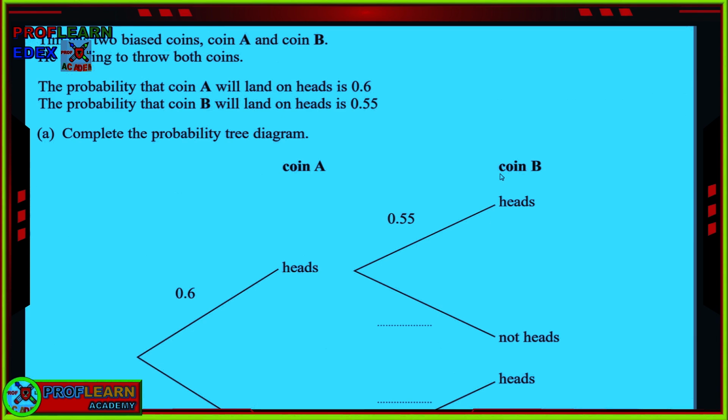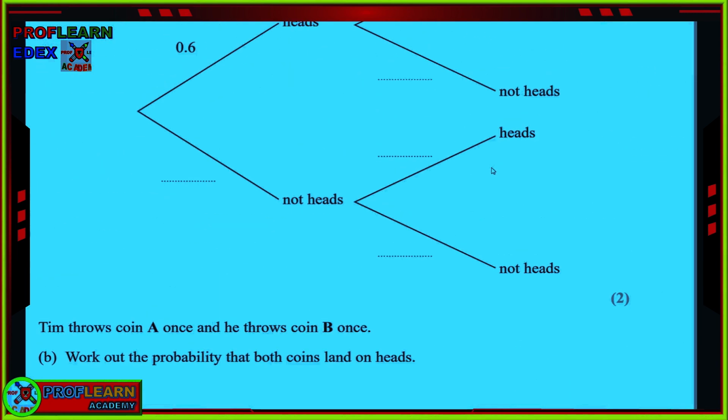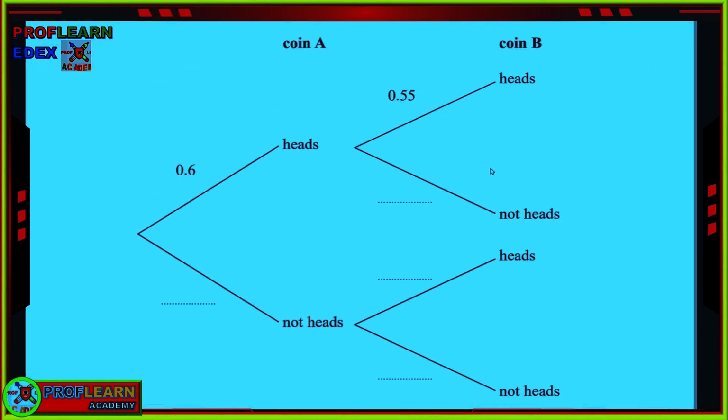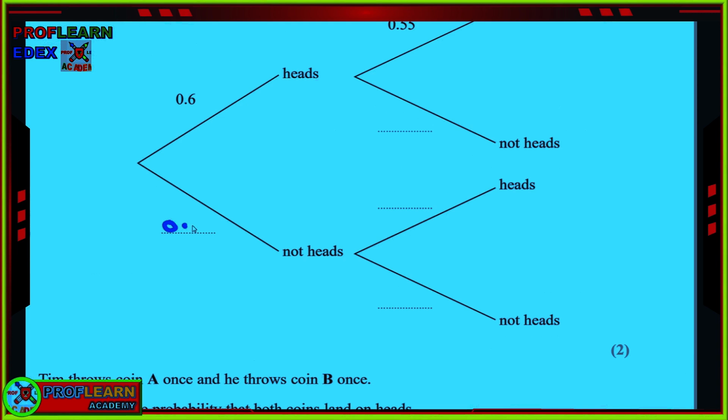The probability that coin A will land on heads is 0.6. The probability that coin B will land on heads is 0.55. Then we are given some spaces that we are supposed to fill in. Because if it's 0.6, then total probability must be 1. It will mean that at this point here, it will be 0.4.